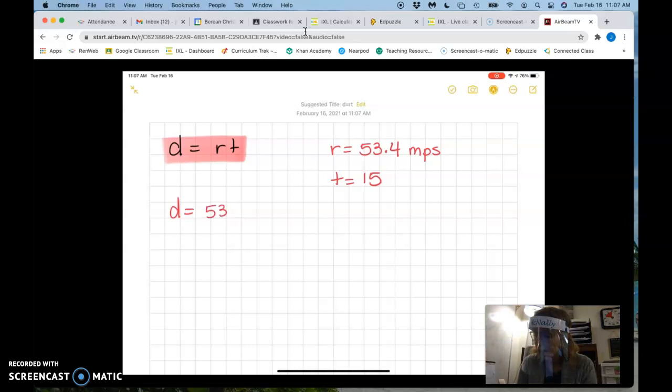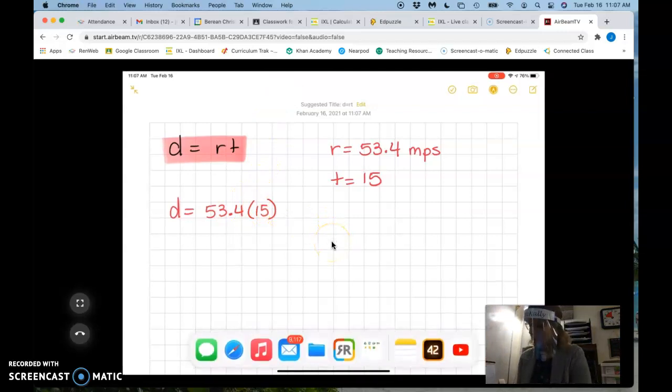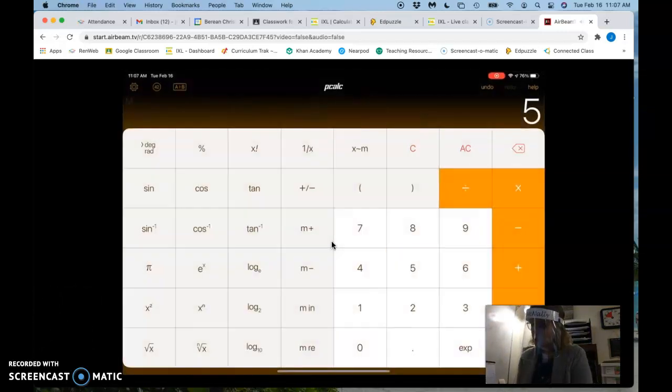I have 53.4 times 15, and we're going to use parentheses for times, or the little multiplication dot, but I think parentheses is better in this case. So 53.4 times 15, 801.